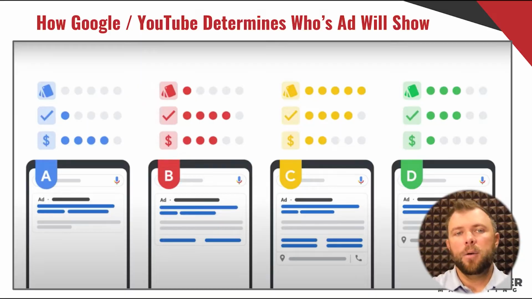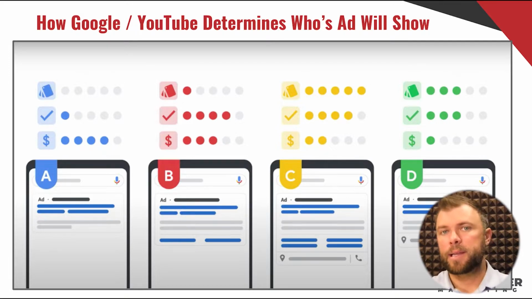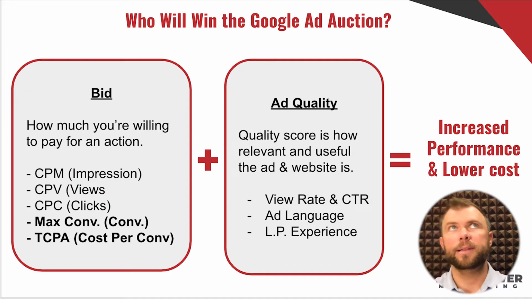So when you go back to these people, a lot of them are willing to spend the money, but maybe their bid isn't high enough. Maybe they're not spending what they need to in order to get the results they want. Or maybe their quality score is not what it needs to be. Like the landing page is off, or the language they use in the ad is not relevant to who they're targeting, right?